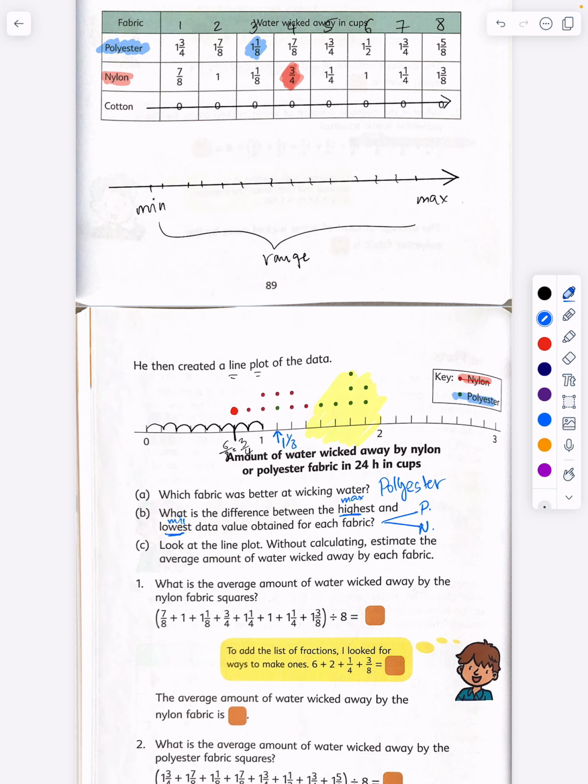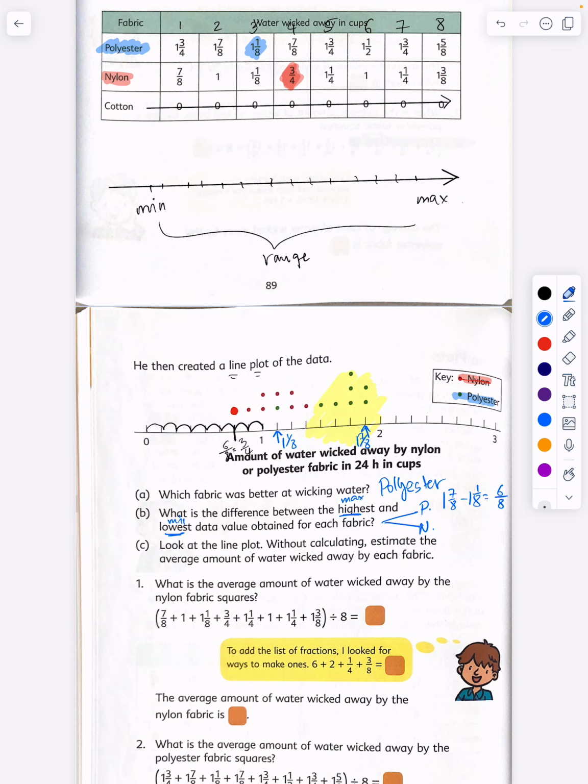And the largest collection was right here, which is 1 7/8. So what is the difference for polyester? It's 1 7/8. That's the most that Jake collected, minus 1 1/8 of a cup, resulting in 6/8, which is 3/4.